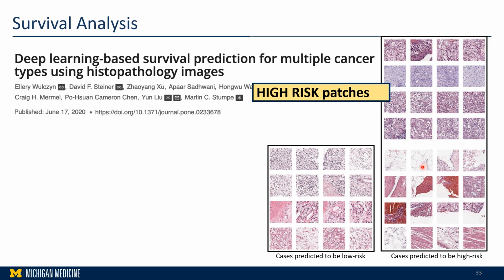When you move to the patches from cases predicted to be low risk, they show low-risk patches. But also here, as you see, those patches are low-risk patches that were within the cases of the high risk as well.